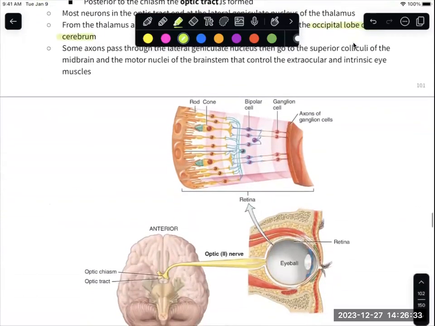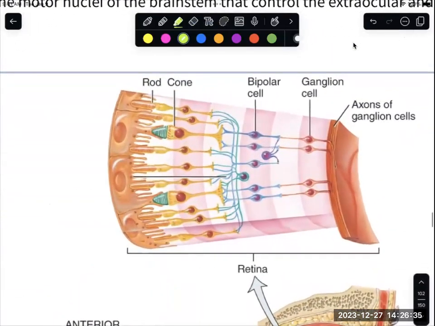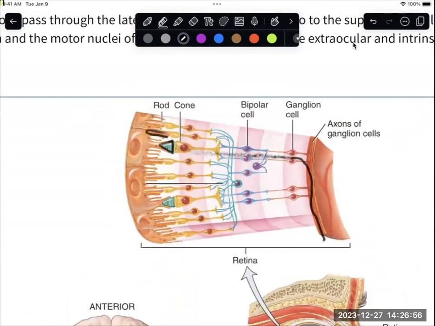So this kind of shows these different neurons. We have these rods and these cones that are picking up the different visual stimuli that travel down these neurons, down these next neurons, down these next neurons to make up this optic nerve.